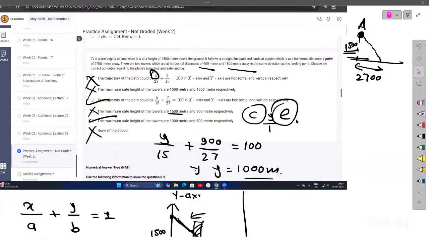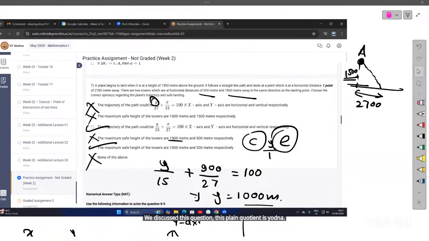I'm not getting that. No, I didn't skip any question. So let's see. Nishant, my question. Yes, Nishant, we discussed this question. This plane question is here, no? No, no, yours, no? No, no. Okay, it's not yours. So that's, yeah, you just sent the same question, the plane question. No, I have not sent. No, no, ma'am. Suresh and Ramesh, my question is.